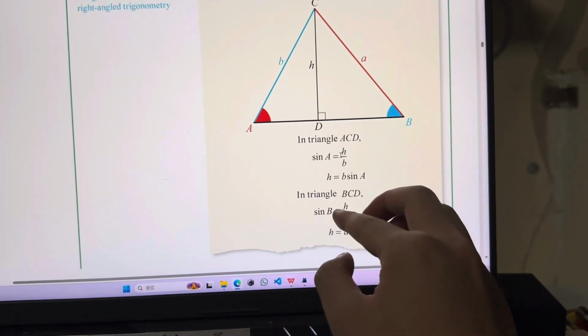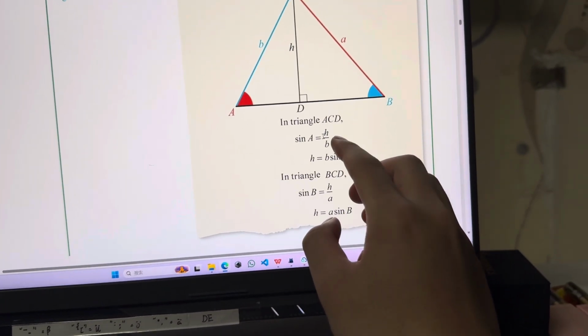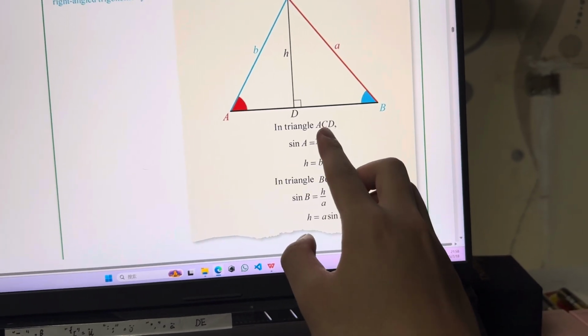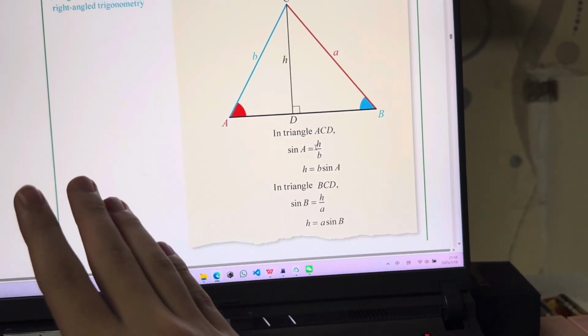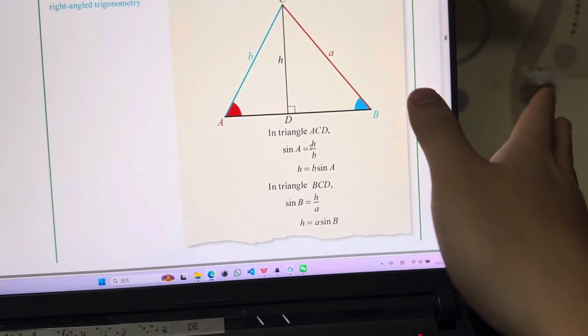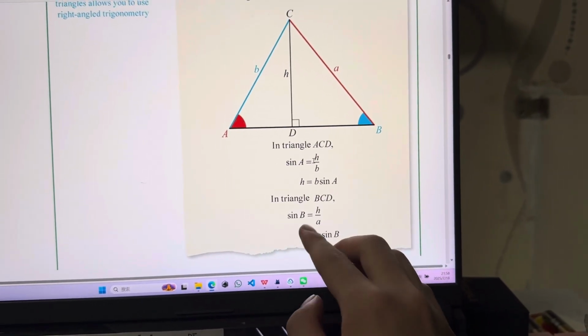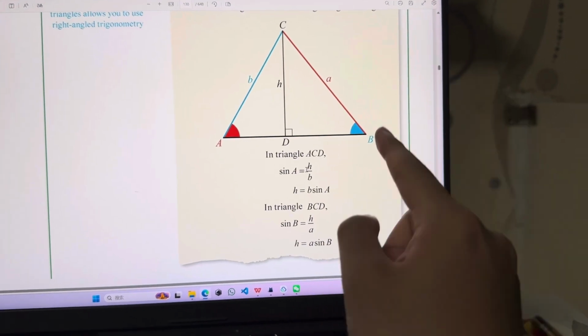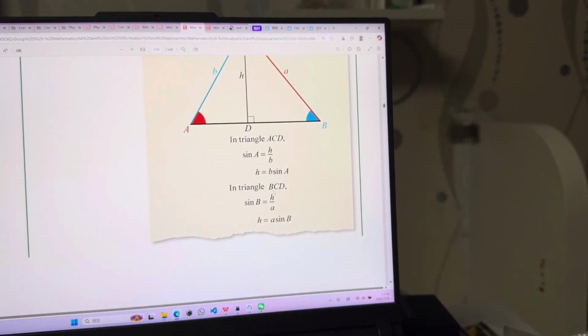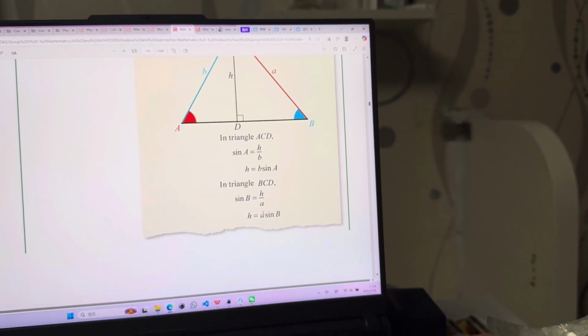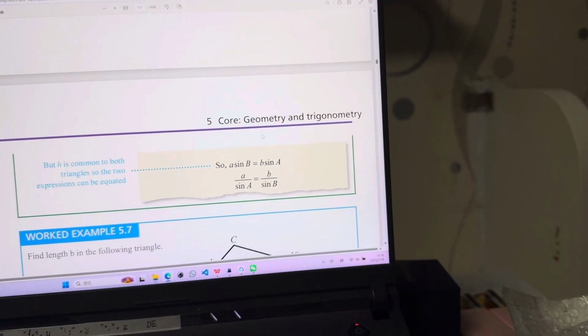Because both formulas have H, we let H be on the left side and other things on the other side. So H is equal to sine A times B, and also H is equal to A times sine B. So we know that B times sine A is equal to A times sine B.